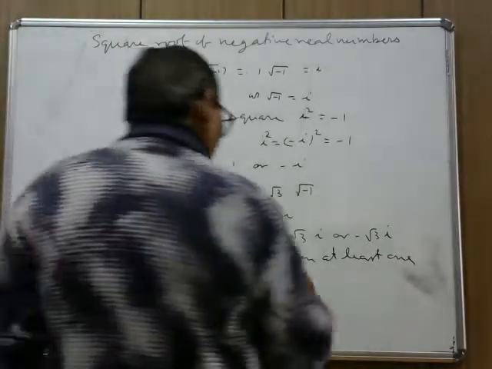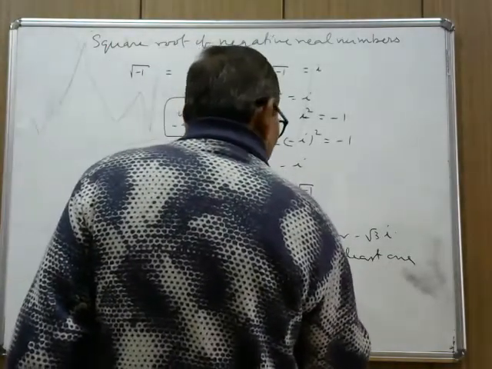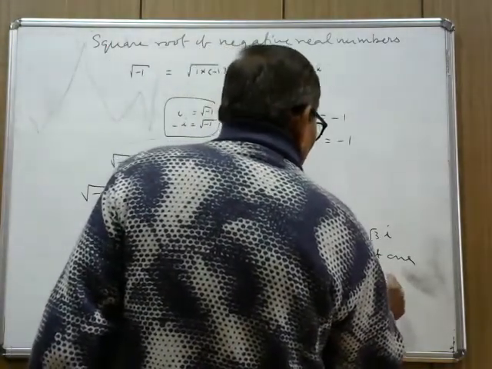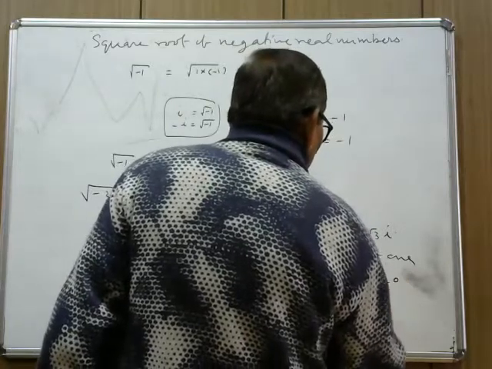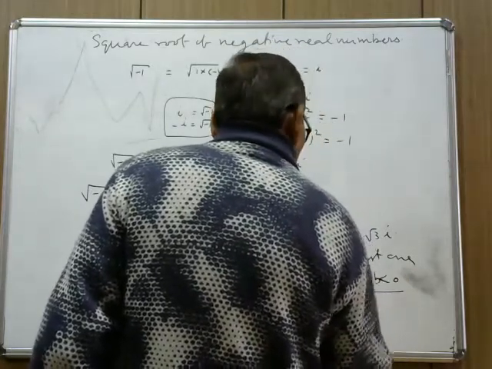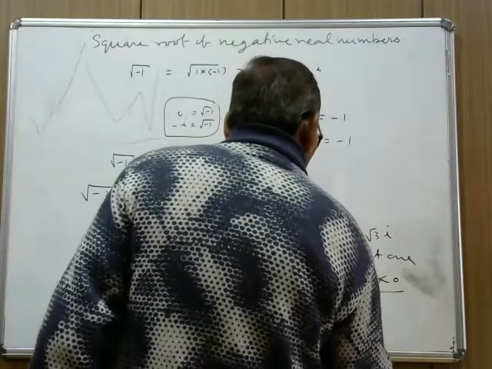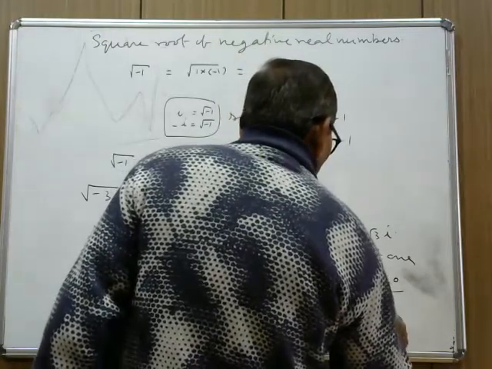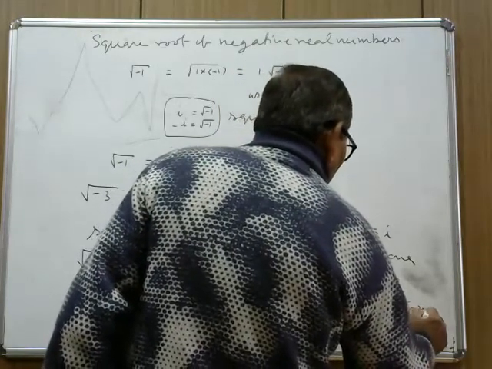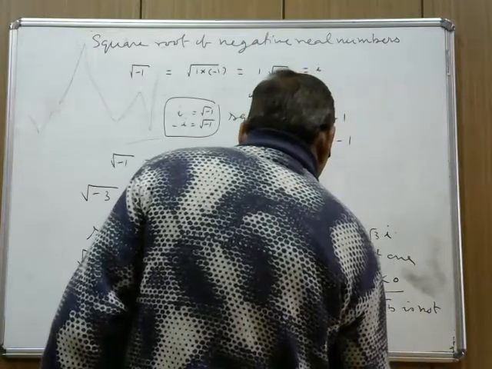And in the fourth case, if both are negative, in that case under root AB equal to root A into root B is not possible.